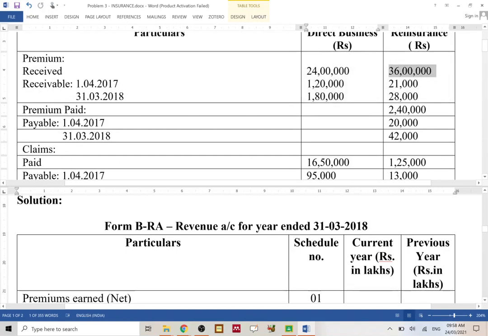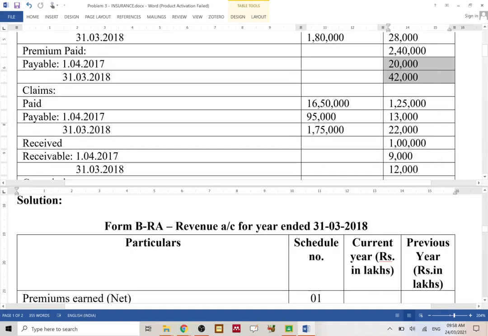Insurance businesses never pay premiums, they accept premiums, right? But when do they pay? When the reinsurance is ceded to some other company, then they have to pay that premium to the other company. In the same way, payable for the previous year and payable for the current year, all these outstanding balances we are going to adjust.